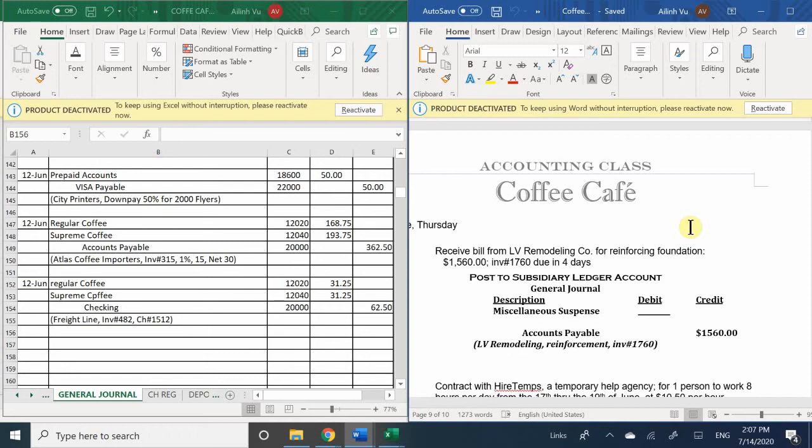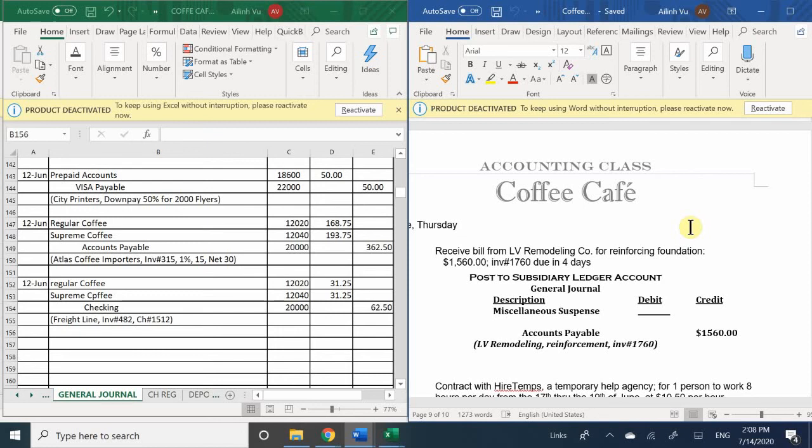Okay, so why is it that when we saw LV Remodeling, we labeled them as a subcontractor? Why can we not journalize it as a subcontractor? Because they're doing work for this specific item. Good.